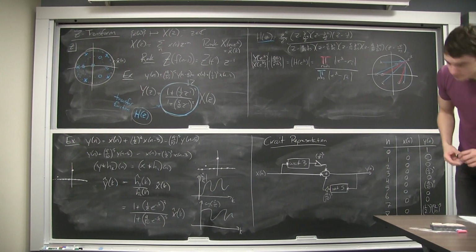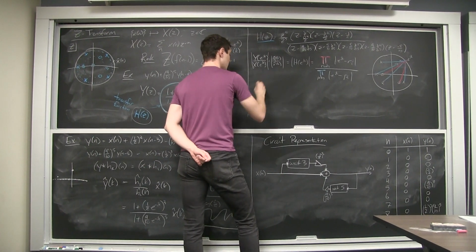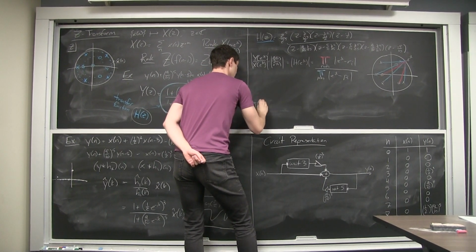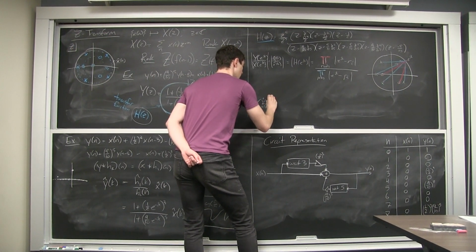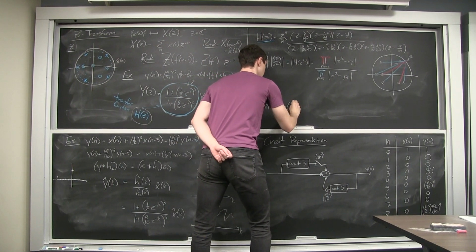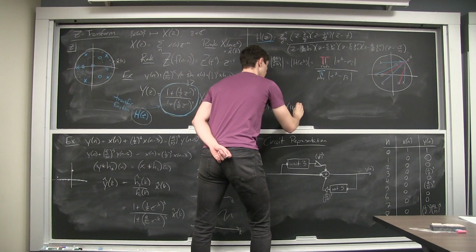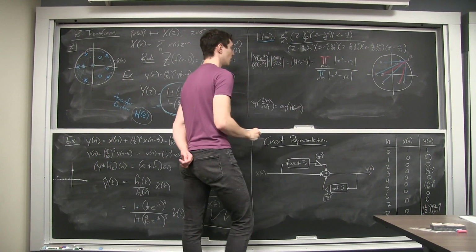Meanwhile, if I want to know the argument of my filter at a given Fourier mode, I just need to calculate the argument of my transfer function h of e to the ik.